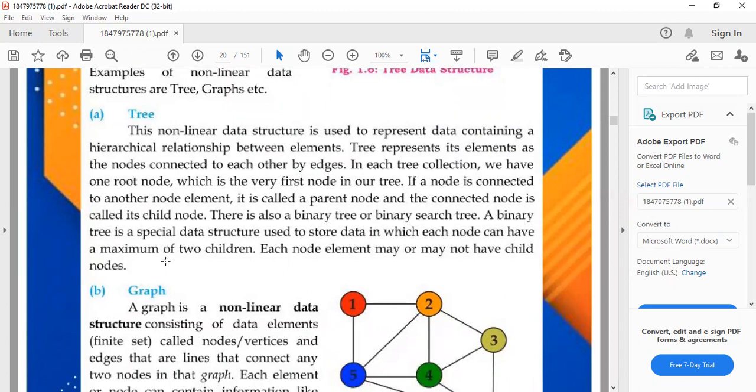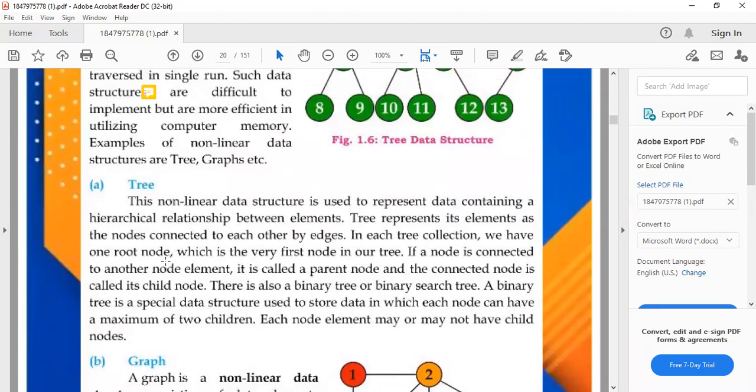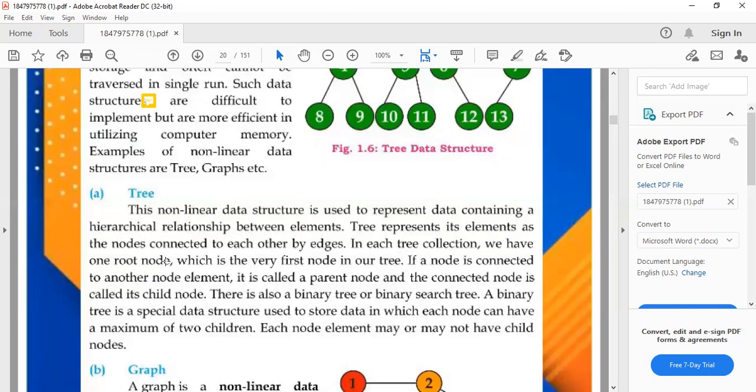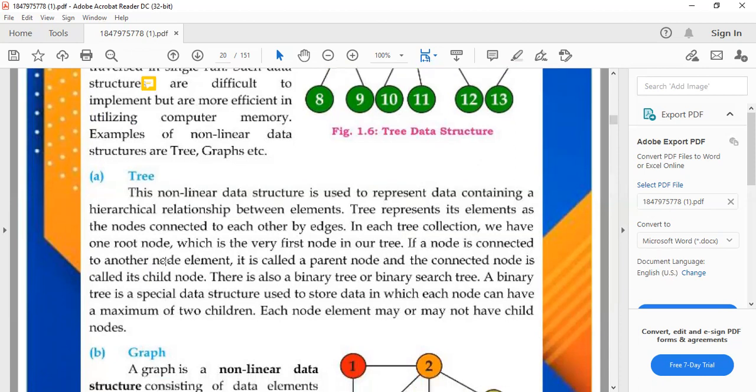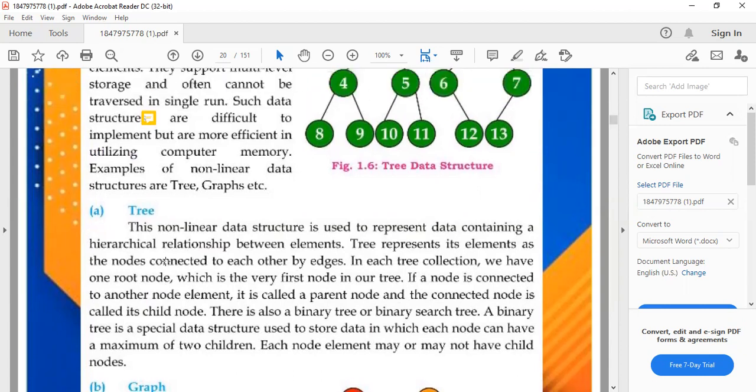Tree represents its elements as nodes connected to each other by edges. As you can see, these trees are connected by its elements and the nodes which are connecting each other by their edges. In each tree collection we have one root node, which is the very first node in our tree. If a node is connected to another node, it is called a parent node.